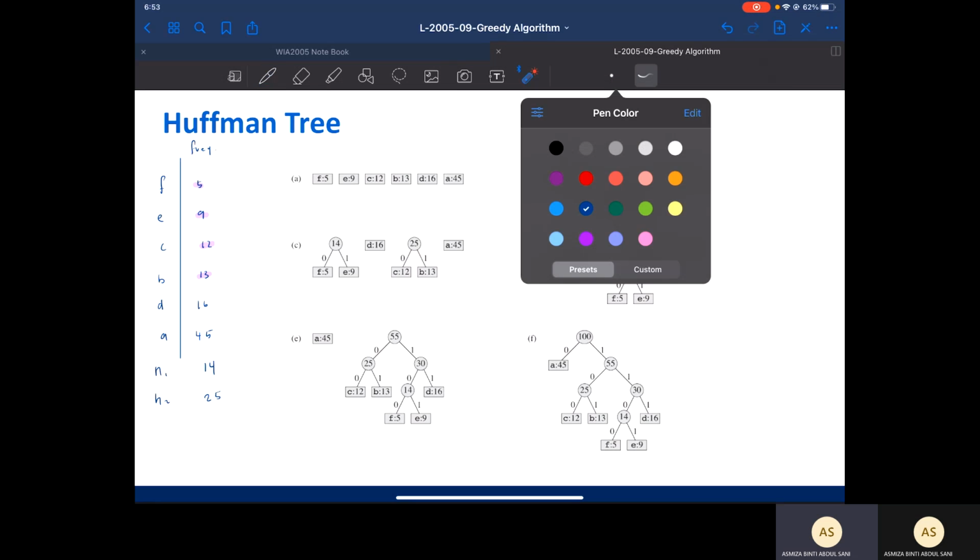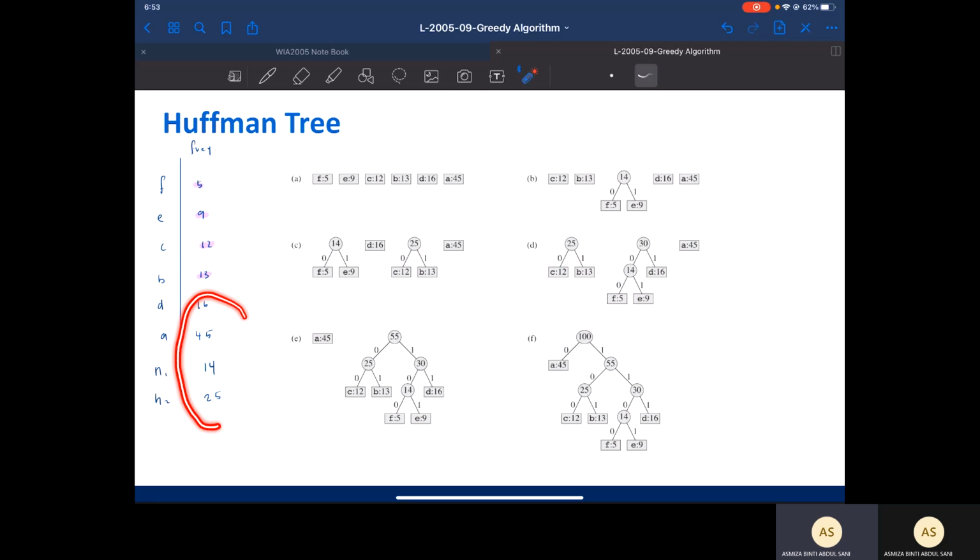And then we do the same thing again. We look at the rest of the values and try to find the next two smallest frequencies. Here we can see that it is actually D and internal node 14.